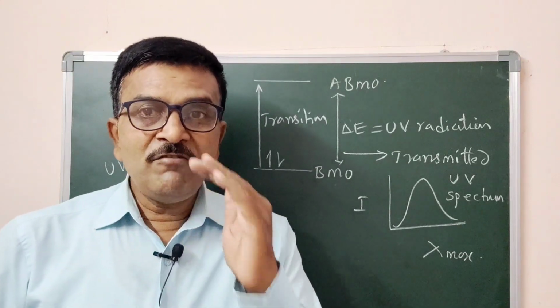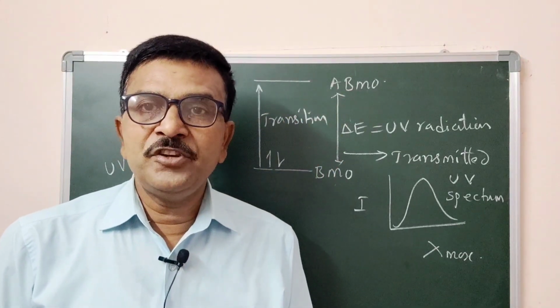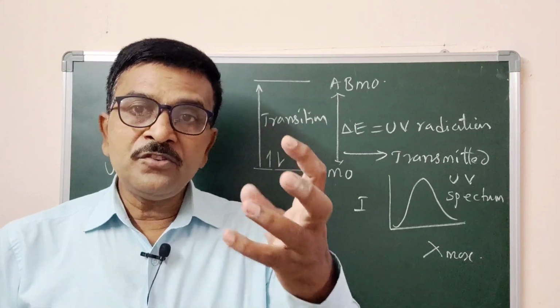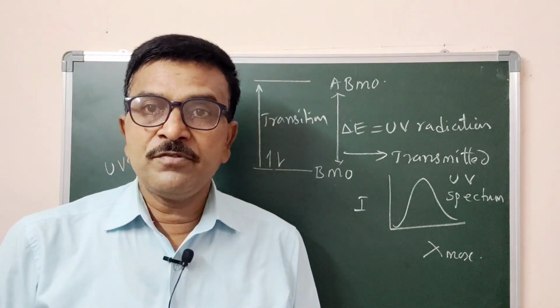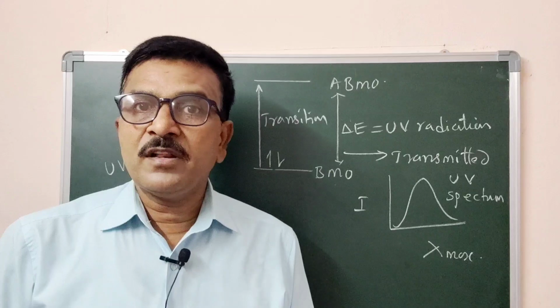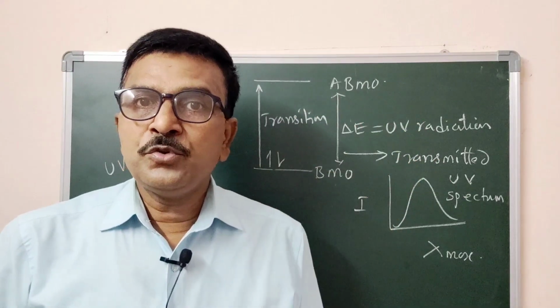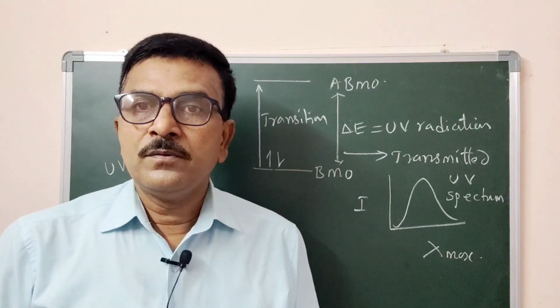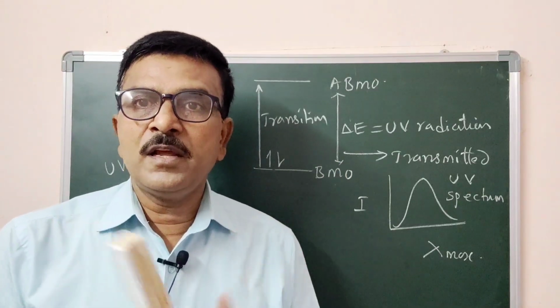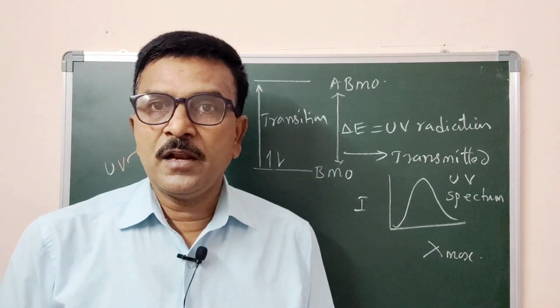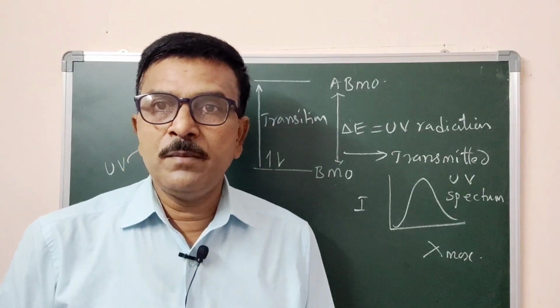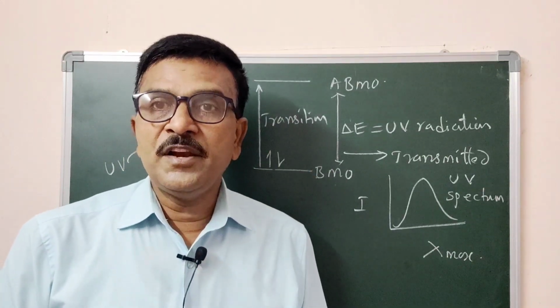So, in brief, when we supply ultraviolet energy to the sample, the sample will absorb energy from the incident radiation we supplied, and it will undergo electron transition from bonding molecular orbital to anti-bonding molecular orbital. This is the work done inside the sample molecule while absorbing energy.